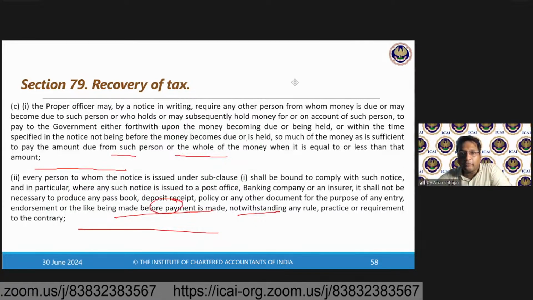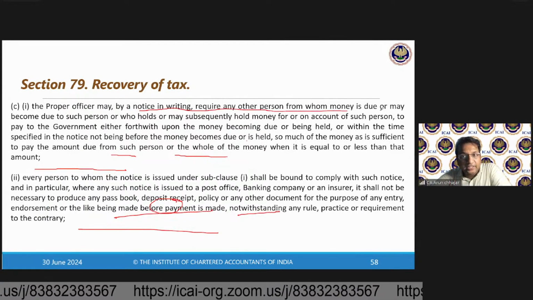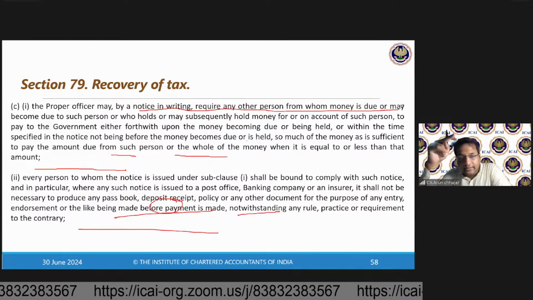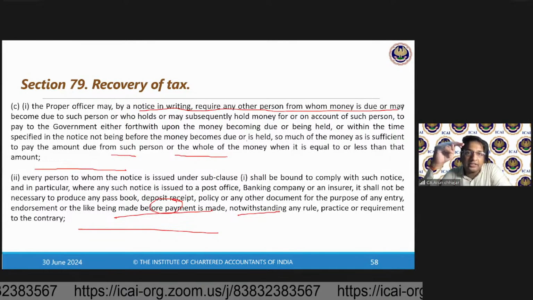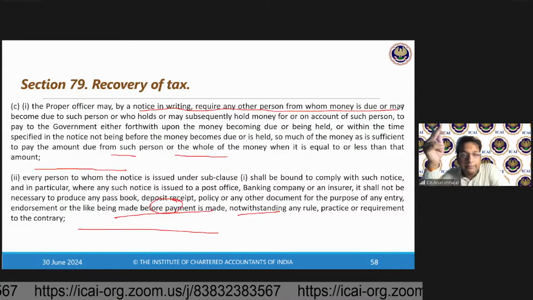Then the proper officer may, by notice in writing, require any other person from whom money is due. Let's say Mr. A, against whom recovery proceeding has been initiated by the officer, has a property which is given to a tenant.